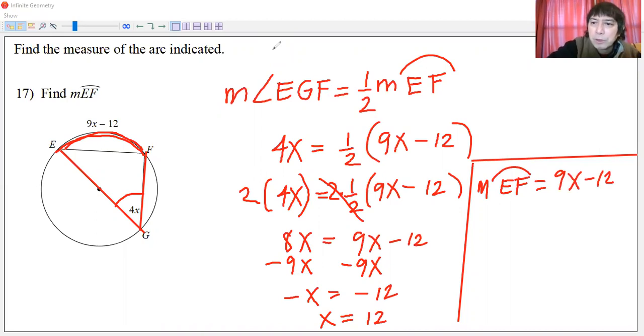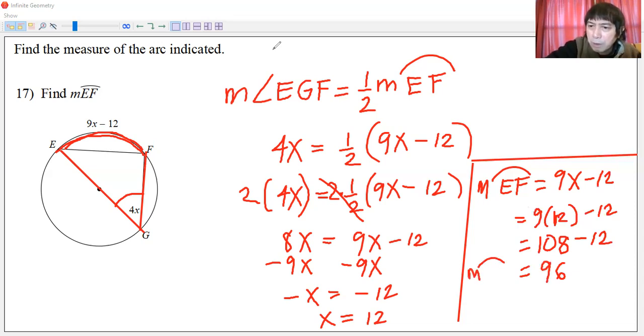Our x is 12, so we have 9 times 12 minus 12. So 9 times 12, how much is that? That's 108 minus 12, so this will be 96.